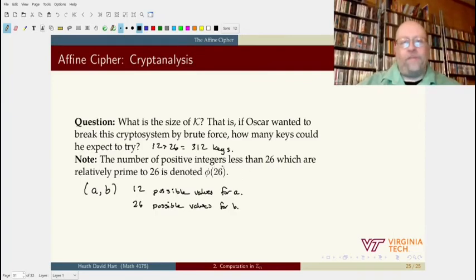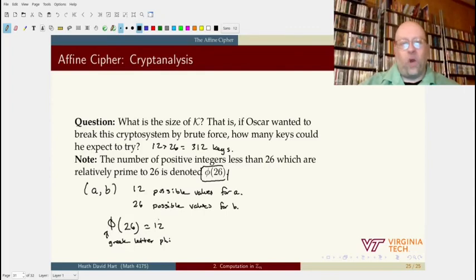We have this symbol here. This is the Greek letter phi. And in this case, it equals 12. It's the number of positive integers less than 26 that are relatively prime to 26.